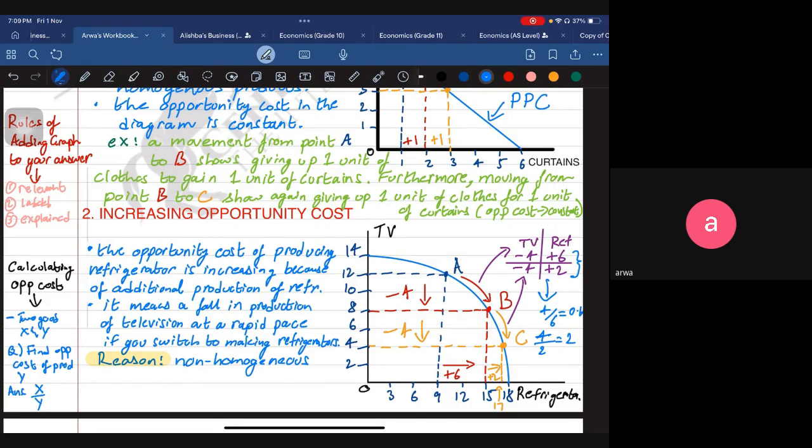Got it? Yes, sir. So I'll write it also here that for whichever good you are calculating opportunity cost, consider it in the denominator.